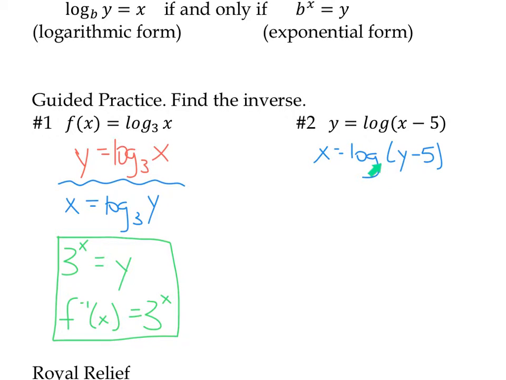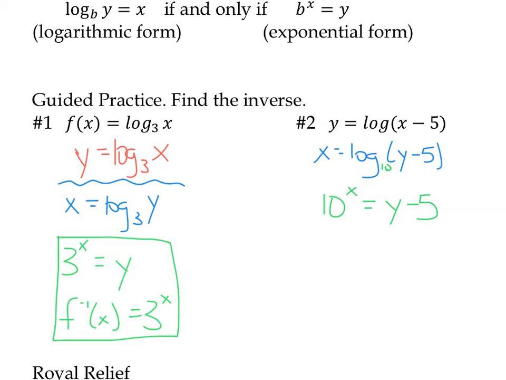So there's no 10 written here, but there is a 10 there. So when we rewrite this as an exponential, we can write it as 10 to the x equals y minus 5. Remember, if there's no base written on a logarithm, it's a base 10. That's the common logarithm base.